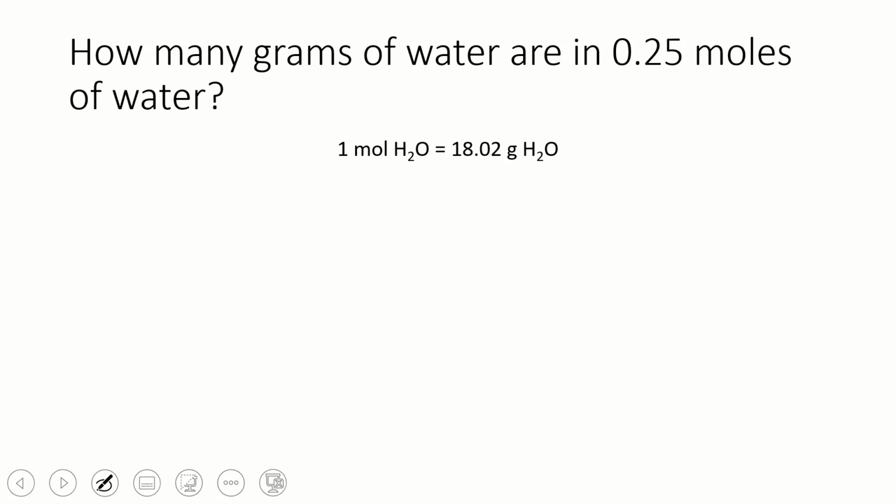So we're going to start this problem by using the value that's given to us in the problem that has just the single unit, and so that's the 0.25 moles. An abbreviation for moles is MOL.